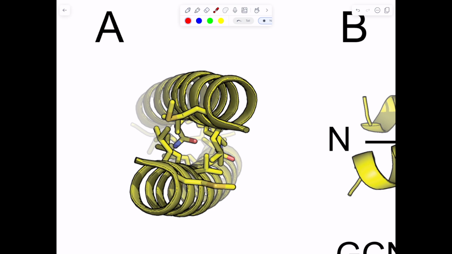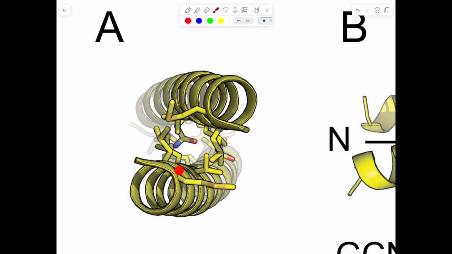I've drawn all of the nonpolar side chains as sticks. You can tell they're mostly nonpolar because they're mostly yellow, and yellow is for carbon in this drawing. And you'll notice that every turn of the helix, we come to another nonpolar amino acid. At this particular spot, a methionine residue on one helix is packing against a methionine residue on the other.